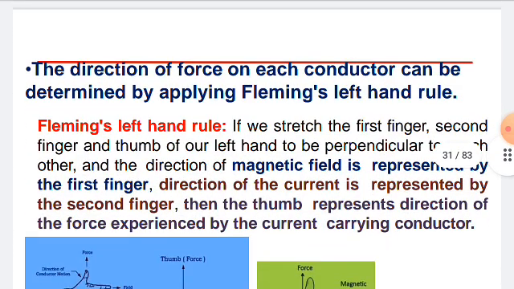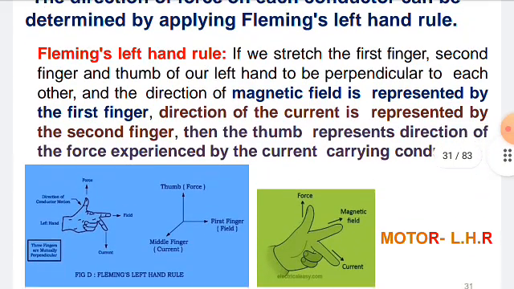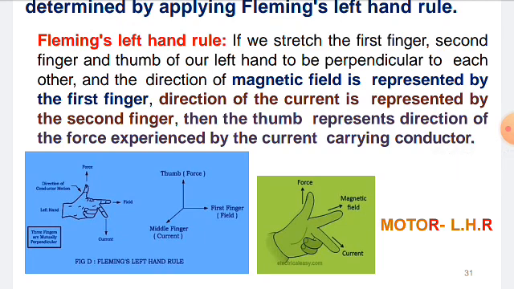The direction of force on each conductor can be determined by applying Fleming's left hand rule. Fleming's left hand rule: if we stretch the first finger, that means index, the second finger, middle, and the thumb of your left hand to be perpendicular to each other, the direction of magnetic field is represented by the first finger, that means index.